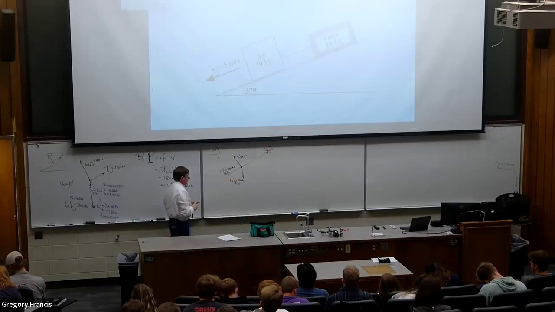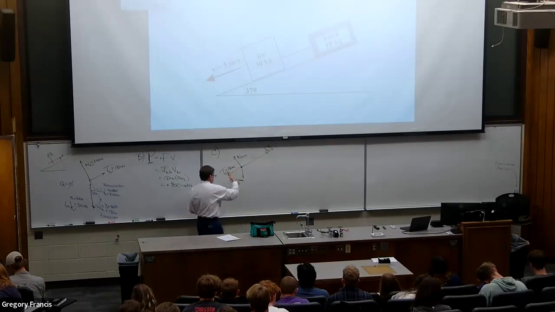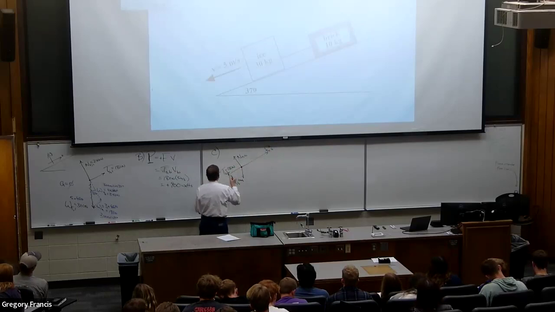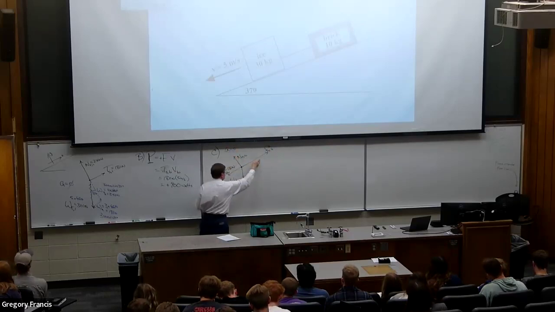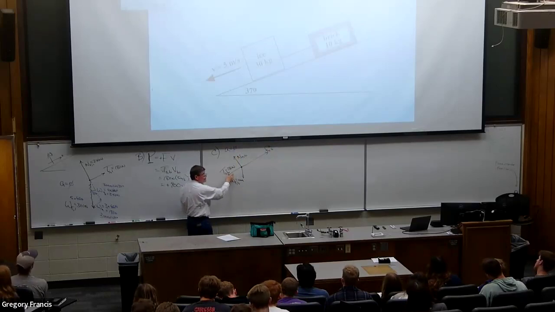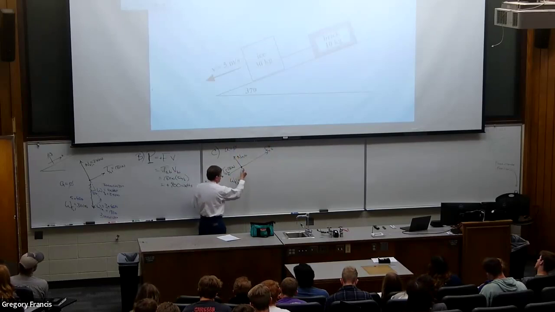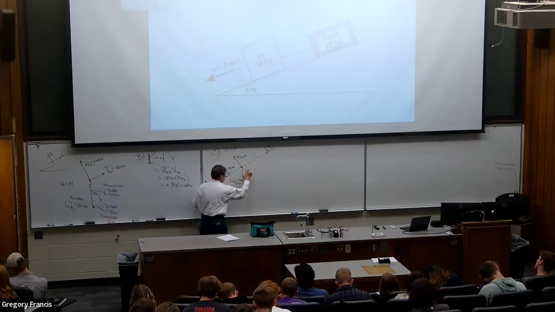And then I've got this kinetic friction force by the ramp on the brick. Now, wait a minute, Greg. You drew that longer than the tension force. If we have zero acceleration, and we do, shouldn't this balance the tension force? Oh no, because when I break up this weight force, it has a y part and an x part.